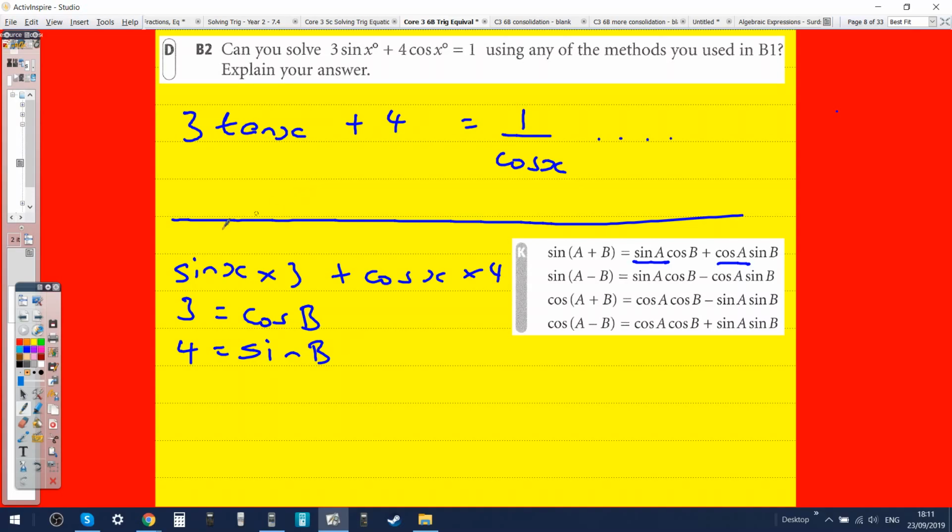And so this is where it comes from. Okay, and how do we go about writing it as r sine a plus b? We need to find the coefficient of sine.